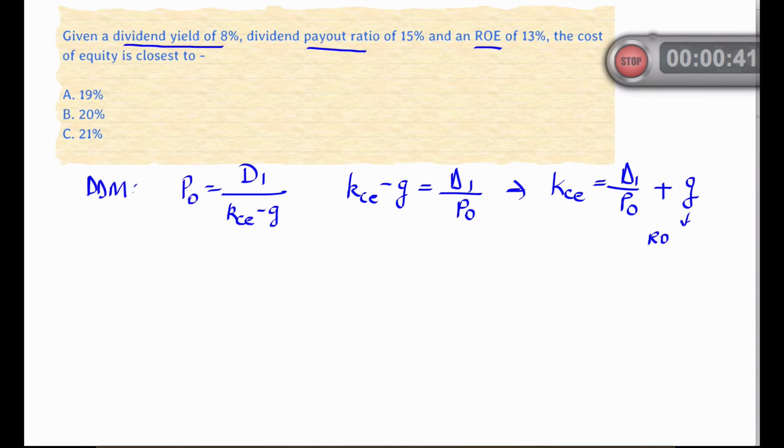Now G is the ROE times the retention rate. So we plug in the numbers given and we get cost of equity equals the dividend yield, which is 8%, plus the ROE times 1 minus the retention rate, which is given as 15%.